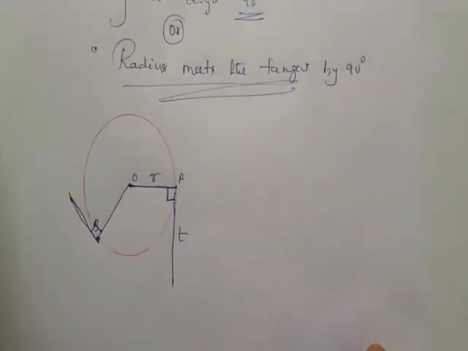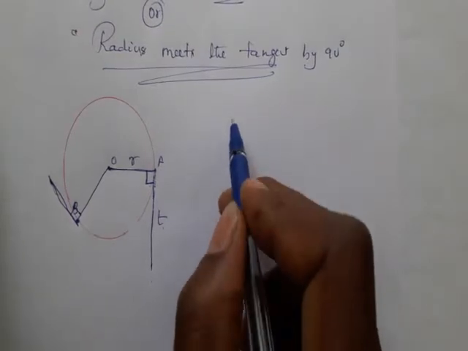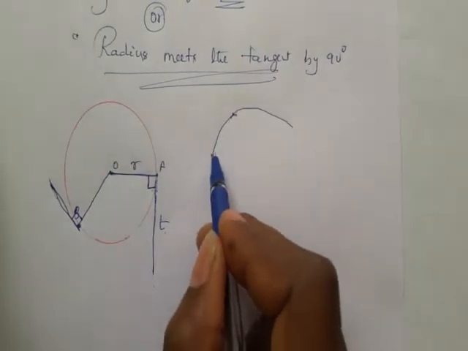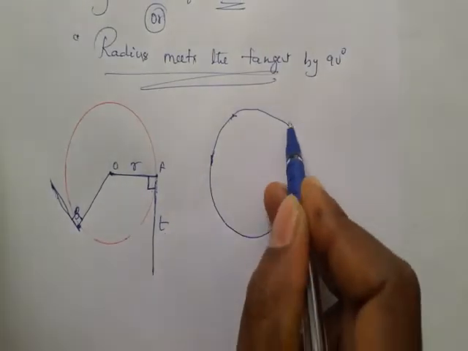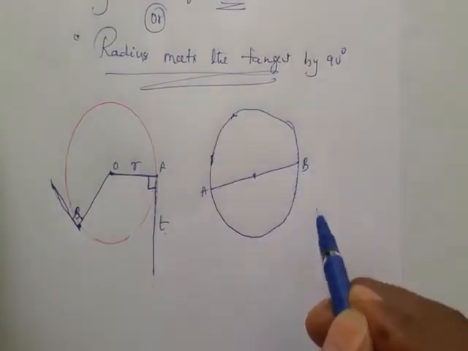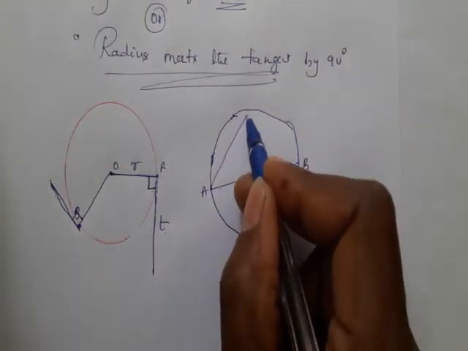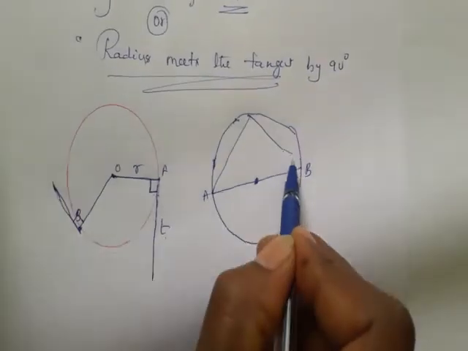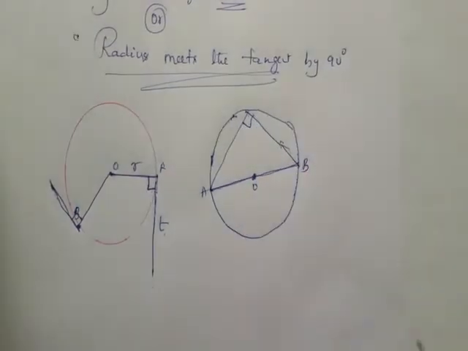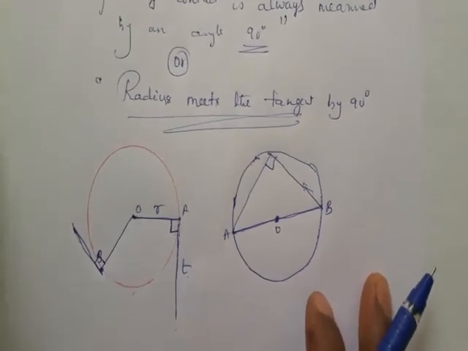Remember, the same 90 degree we studied in the circles also. So there are two 90 degree producing theorems we studied. One is the diameter given in the last chapter, circles. When diameter is given, we would write 90 degree. So now one more 90 degree result we got from tangent.